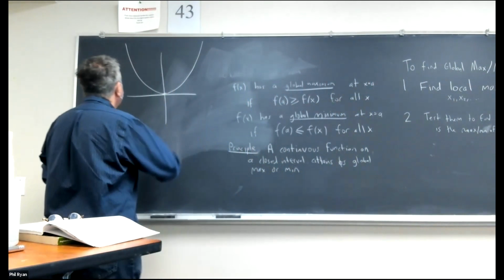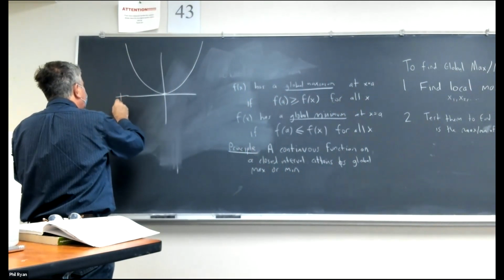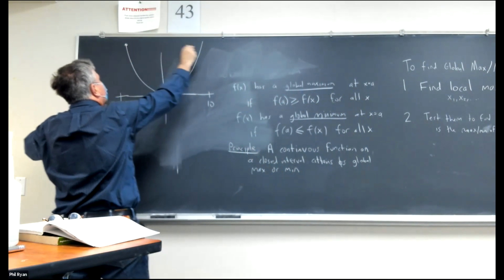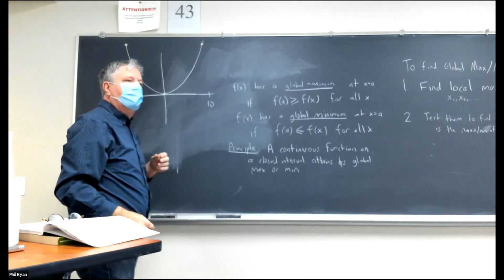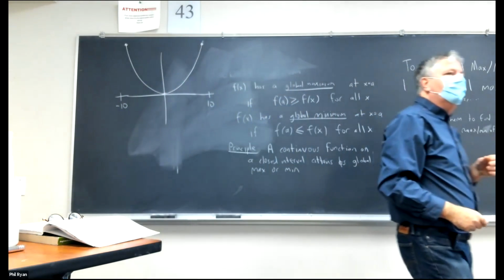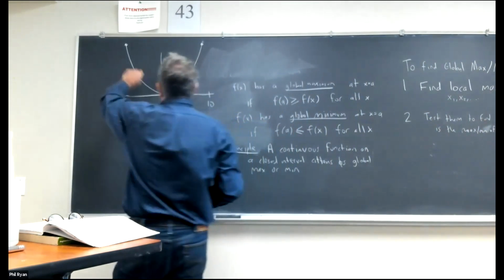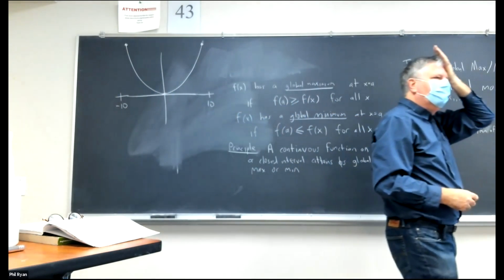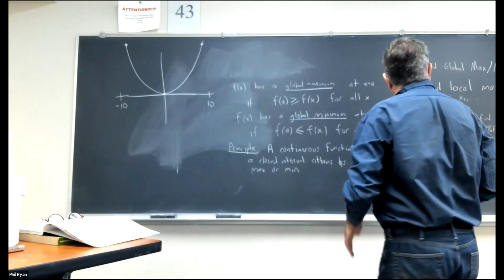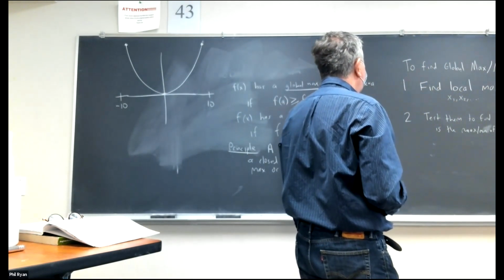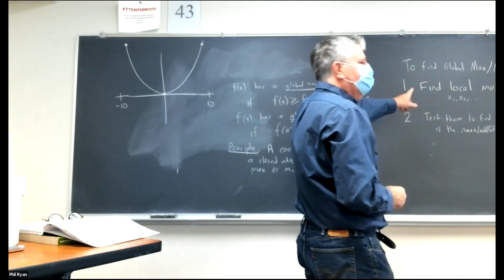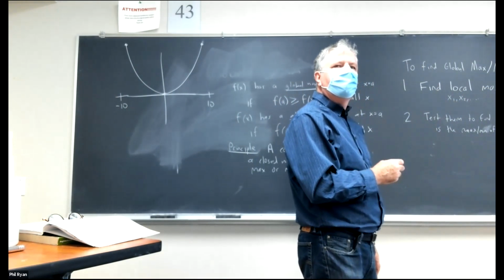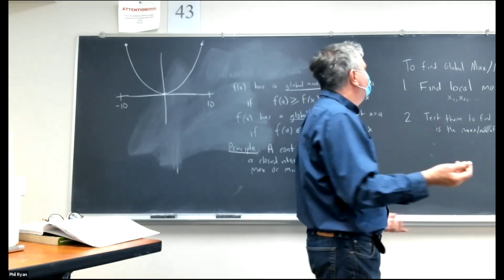But if, for instance, I say minus 10 to 10, and make it a closed interval, all of a sudden those endpoints become the biggest values. That's where the global max is on that interval. So we have to modify this a little bit. What are we going to add in? The endpoints.